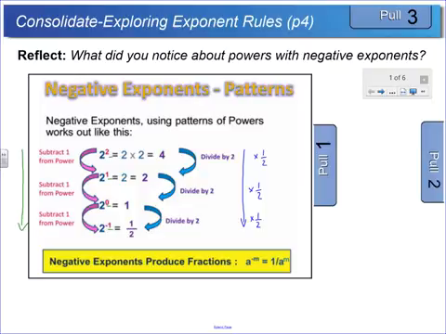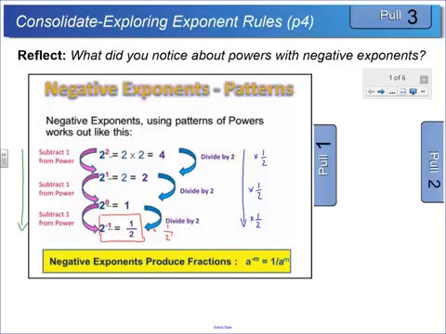So by following the pattern, the pattern tells us or suggests that 2 to the minus 1 is equal to 1/2, which is also, if we use the exponent, 1 over 2 to the 1.